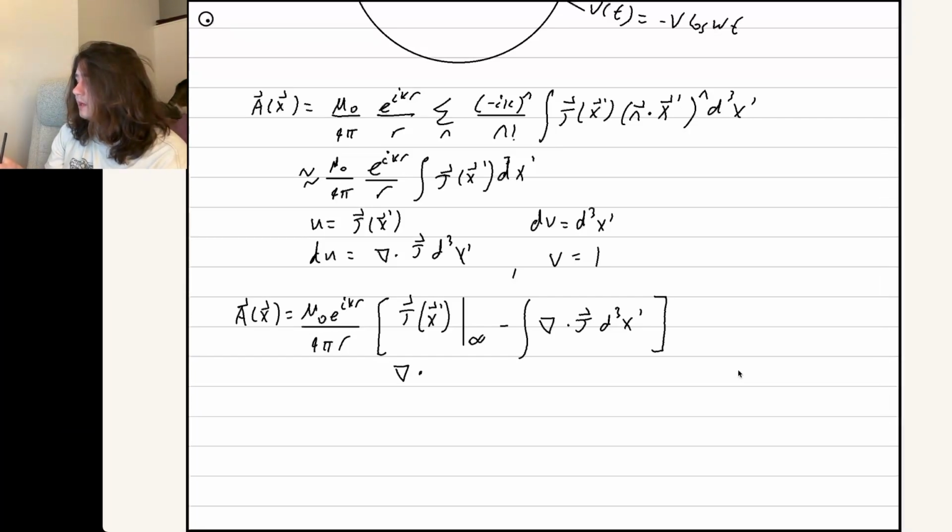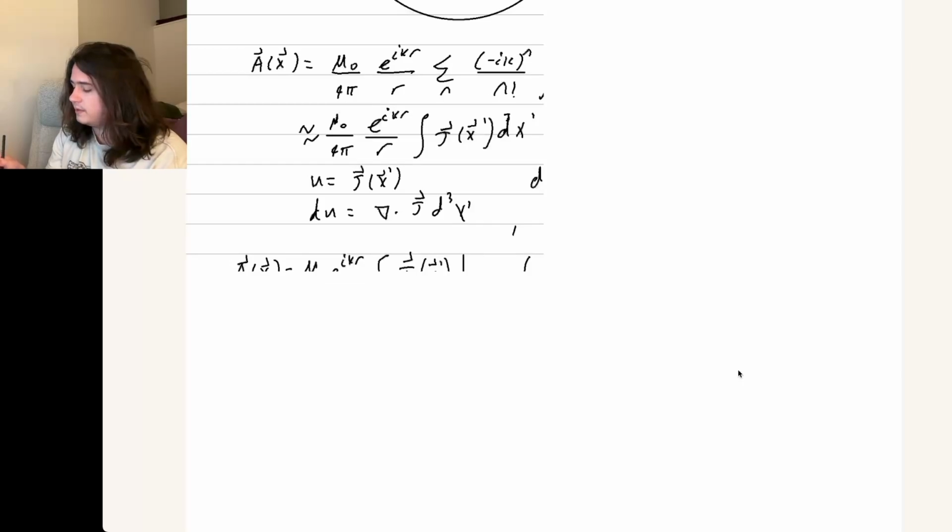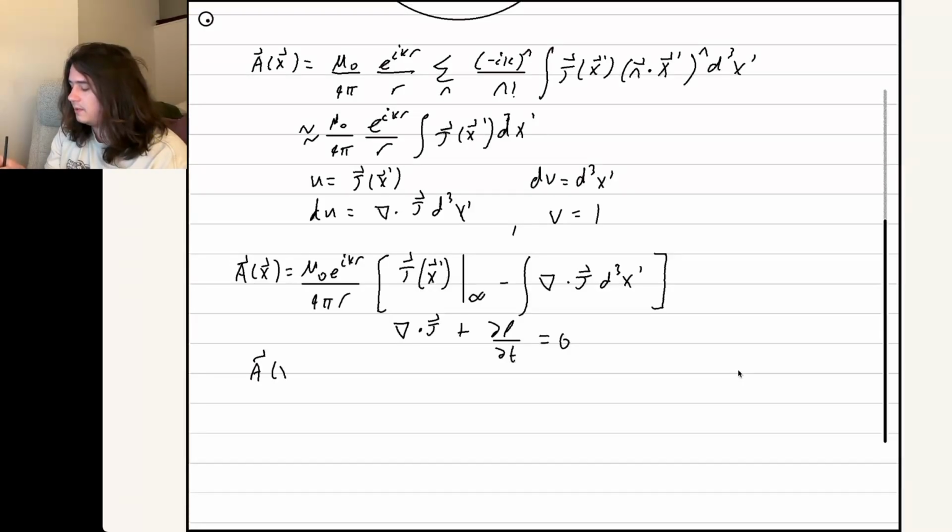And you can use the continuity equation, that the divergence of the current density plus the partial derivative of the charge density with respect to time is 0, to rewrite this as mu naught e to the i k r over 4 pi r.